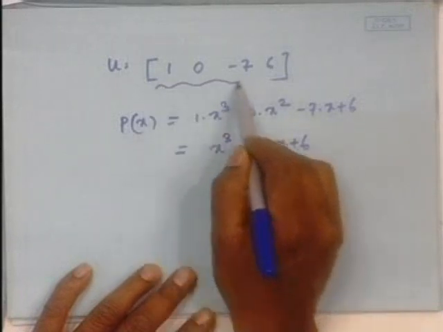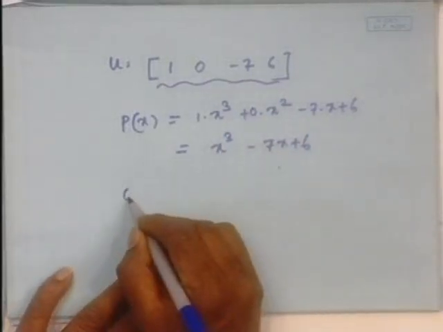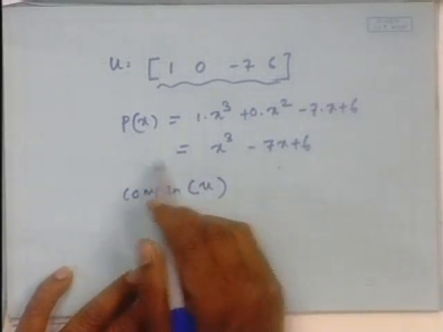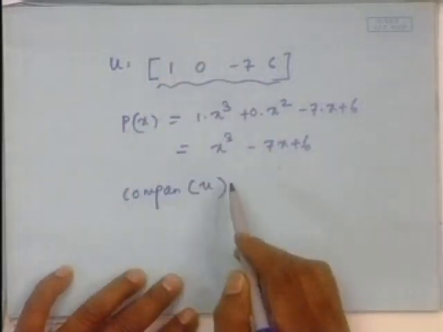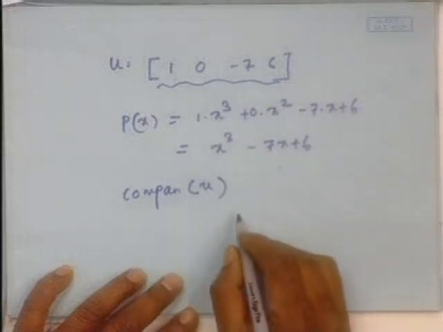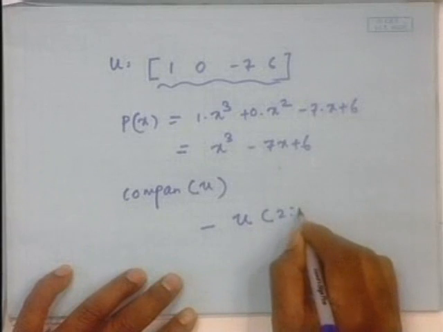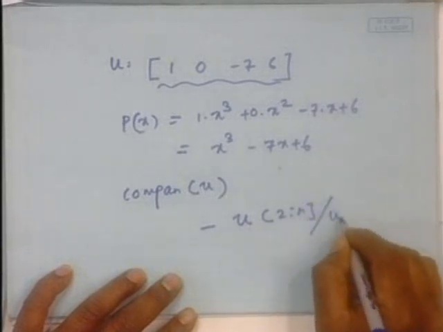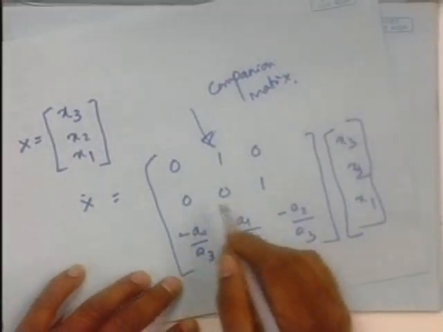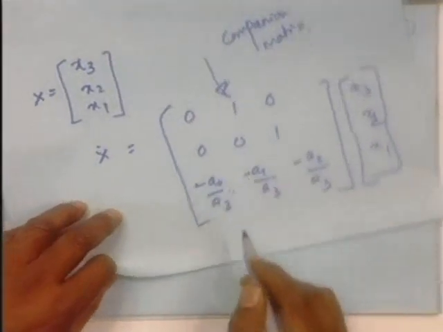So, this is the polynomial, or in other words x cubed, and the x squared term is absent, minus 7x plus 6. So, these are the coefficients of this polynomial, and if you say companion of u, the MATLAB command, this will generate a matrix whose first row will be u(2:n)/u(1). There it was the last row, here it was the last row, it can be easily written in this form, this last row you can just reverse.